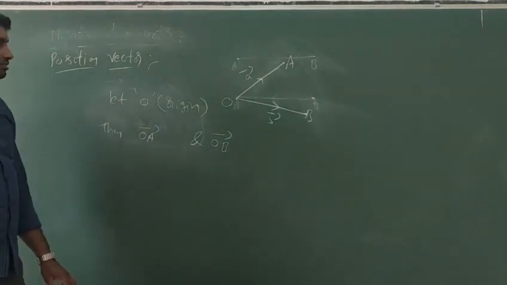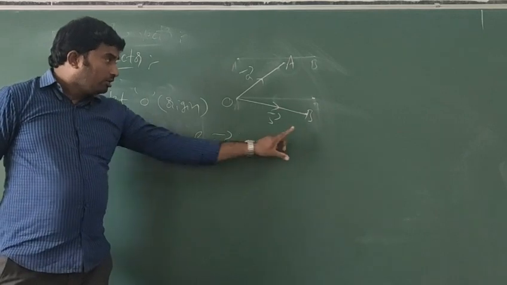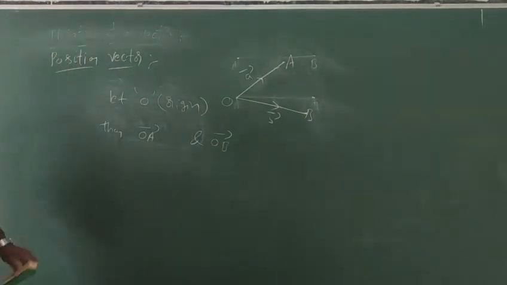And let OB bar be the position vector of the point B with respect to the fixed point O. Origin is the fixed point that we cannot change.